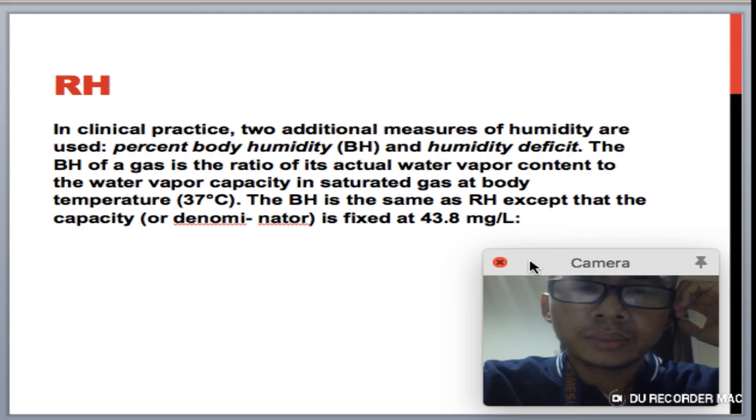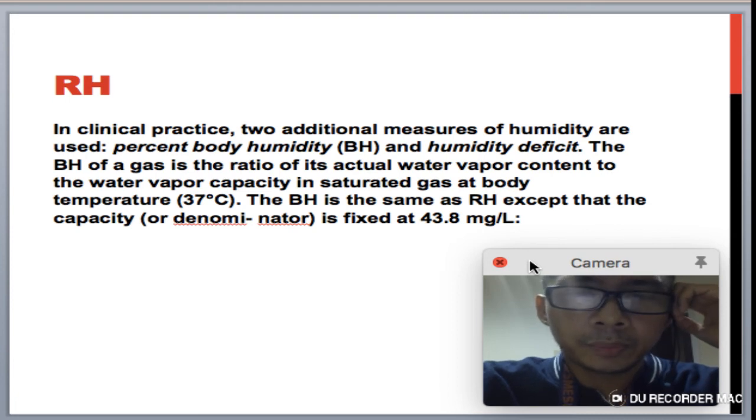So the percent body humidity of a gas is the ratio of its actual water vapor content to the water vapor capacity in saturated gas at the body temperature of 37 degrees centigrade.